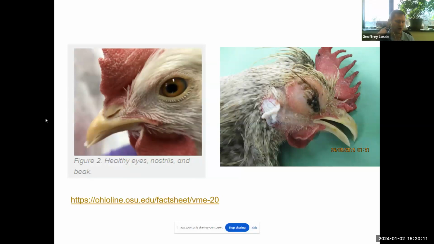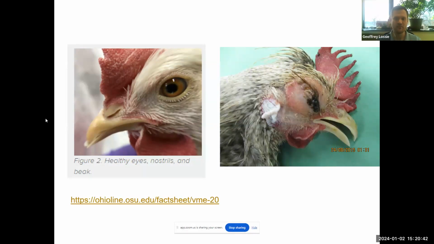When we talk about respiratory disease, and we'll look more at this specifically in terms of what are the most common respiratory disease agents that we generally see, what I try to get my vet students to understand is that in poultry, and of course this includes chickens, the eyes are the window to the respiratory tract.